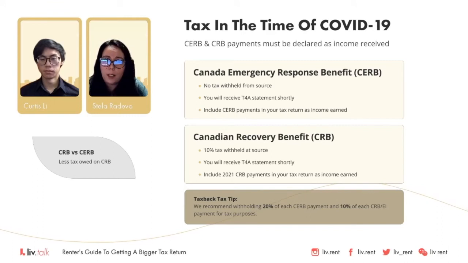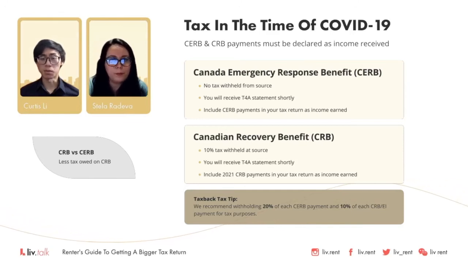On the other hand, the CRB had 10% tax withheld at source, and again, it's reported on a T4A slip by the government. Again, you need to include the CRB payment in your tax return as income earned, and you should know that there's less tax owed on the CRB versus the CERB because you already paid 10% of the amount in tax.